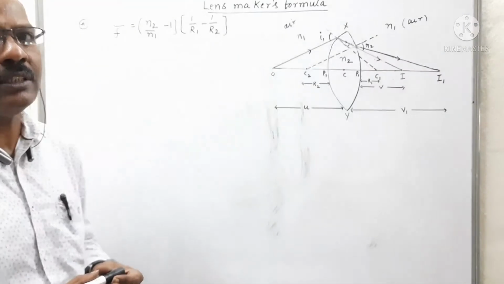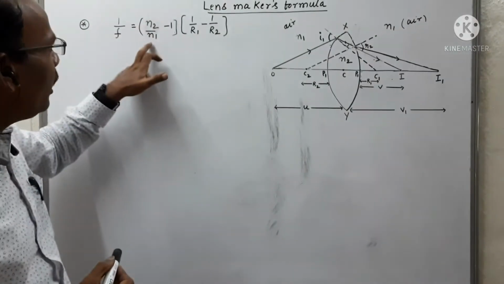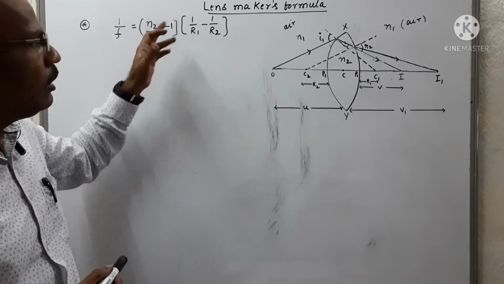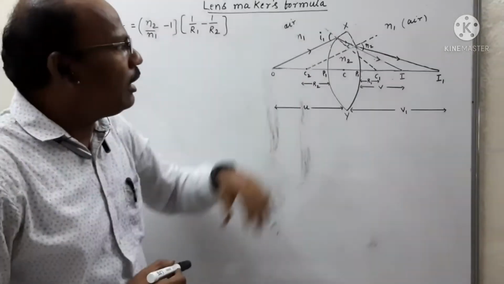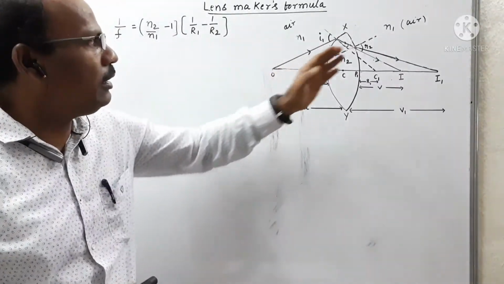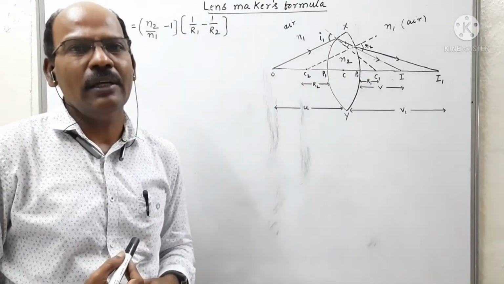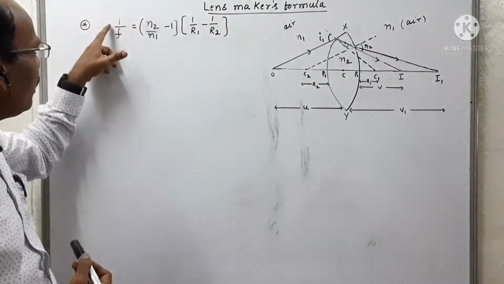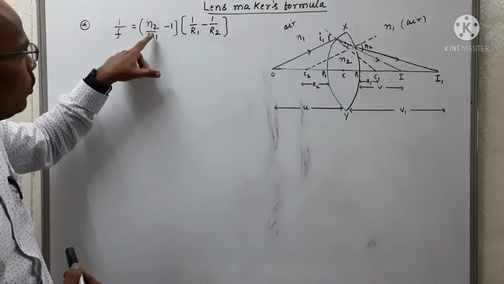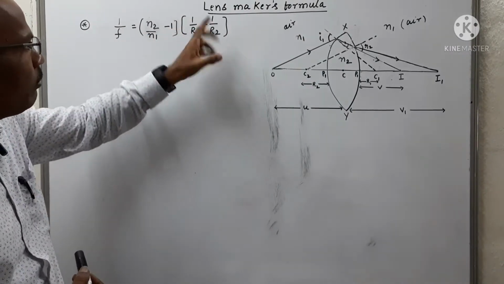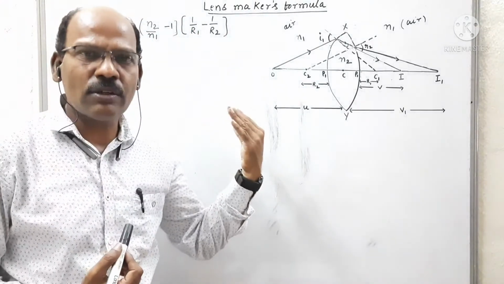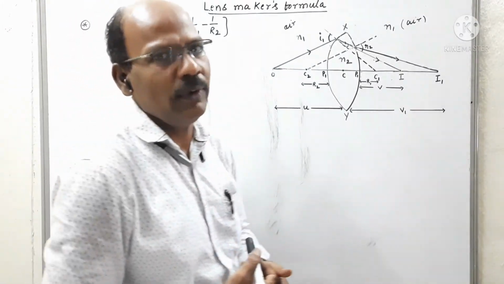In some books it is represented as mu2/mu1. So we can consider N1 as the refractive index of air, N2 is the refractive index of the convex lens. So 1/F = (N2/N1 - 1)(1/R1 - 1/R2). This is called Lensmaker's formula.